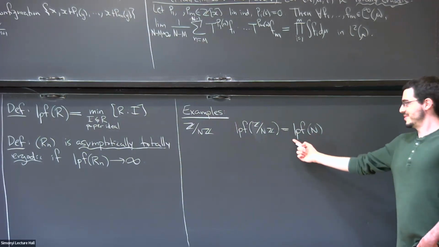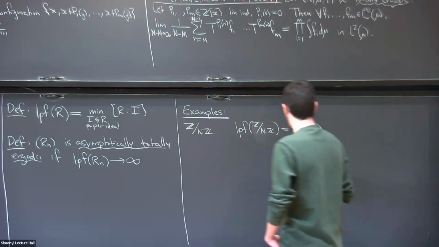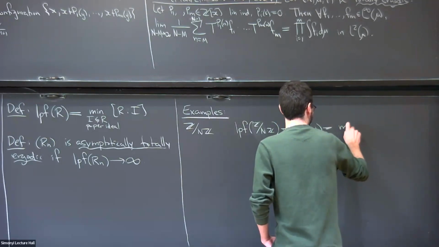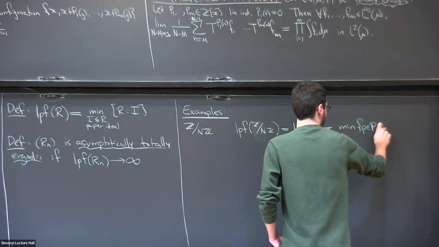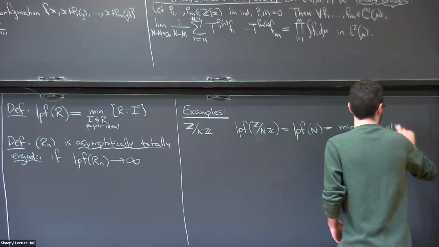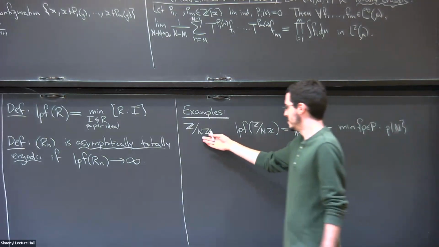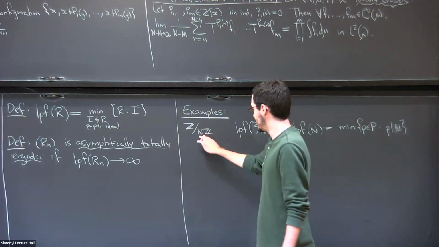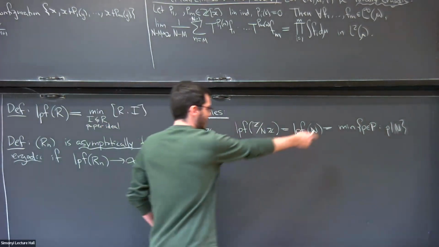So now I'm going to conveniently use this abbreviation for another thing also. So this is the smallest prime such that p divides n. Okay. And this is because the ideals are just going to correspond to divisors of n, and so this is the smallest divisor.